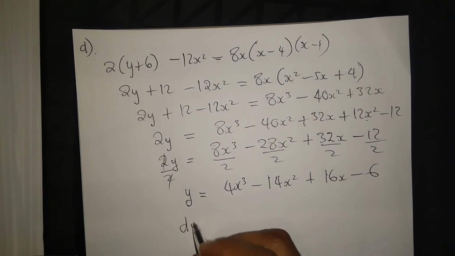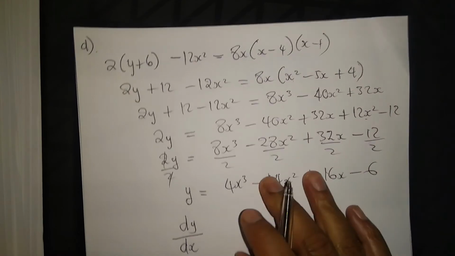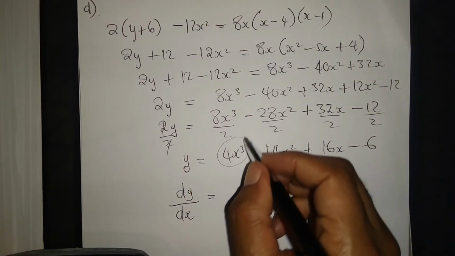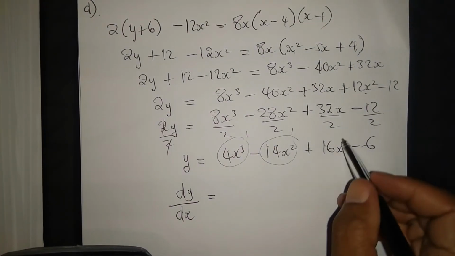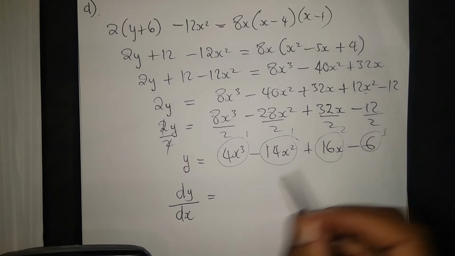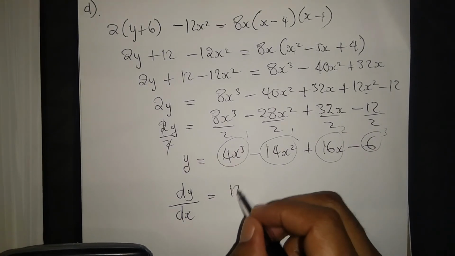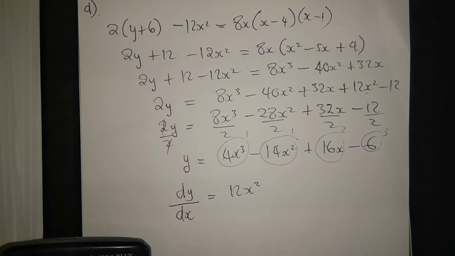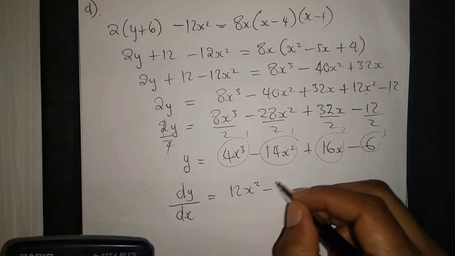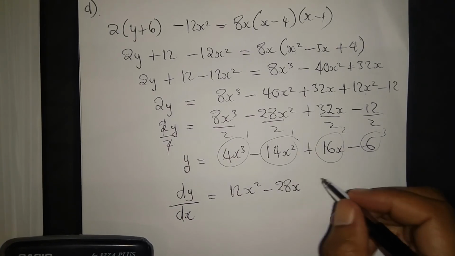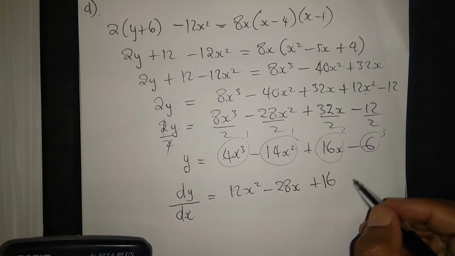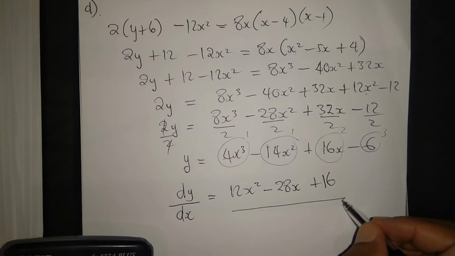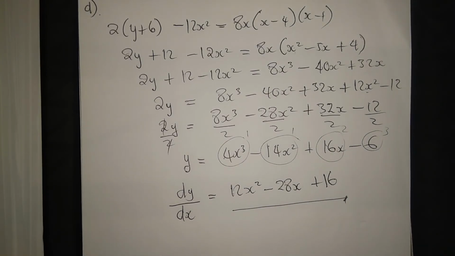So therefore dy over dx, the derivative, is going to be equal to, by rule 1, rule 2, rule 3, 3 times 4, 12x squared. 14 times 2 is 28x plus 16 and 0. So this is our final answer.